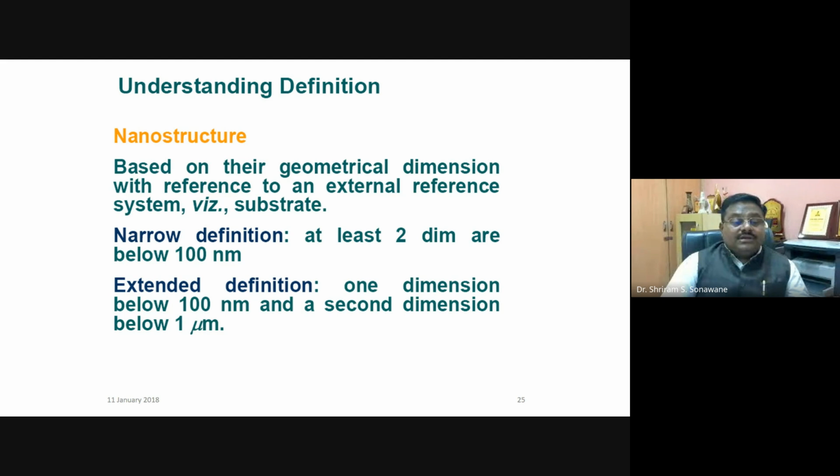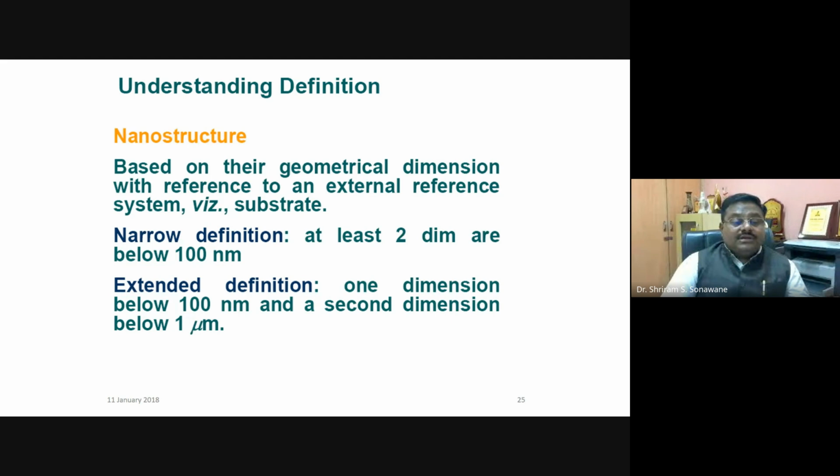As far as the definitions are concerned, most of us basically ignore the difference between these terminologies, and these are very important. We talk about nanostructure, but we are generally confused while stating it. So what is a nanostructure? Based on geometrical dimensions, with reference to an external surface, system or substrate, the narrow definition of a nanostructure is that at least two of its dimensions are below 100 nanometer.